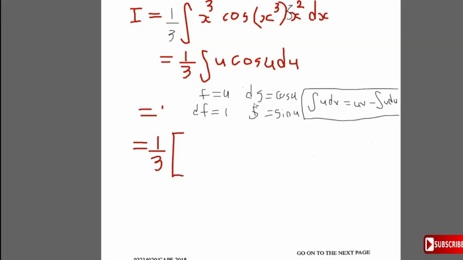So f ds is equal to fs, f times s, so it is u sine u.